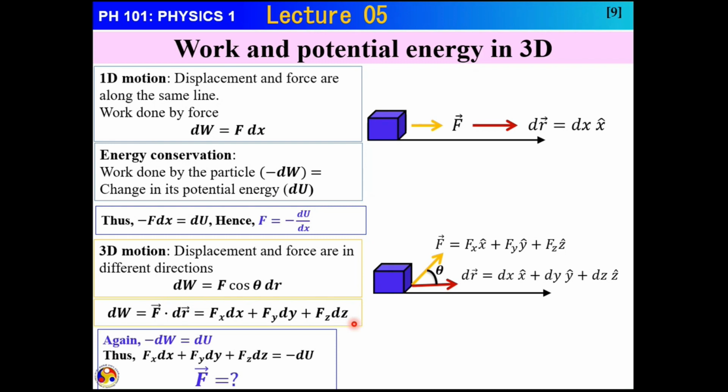Can we write the force again in terms of potential? That is the question. In 2D, we know how to write this, but in 3D, how do we write that? Let's proceed further. The change in the potential energy, again, is the same statement I have made many times by now, in a different mathematical form.